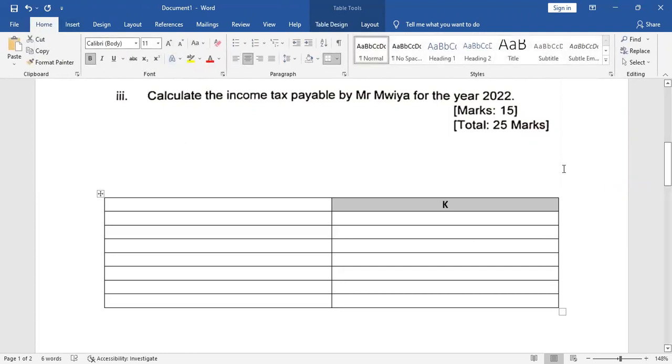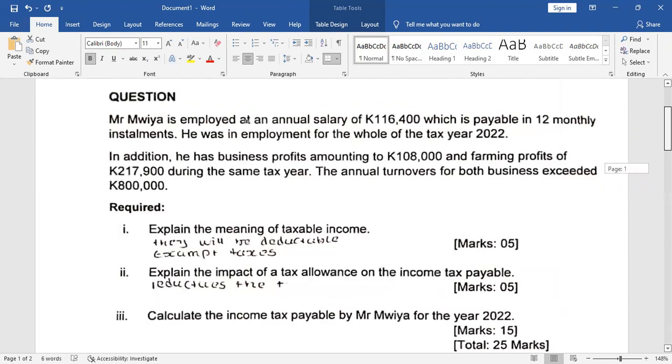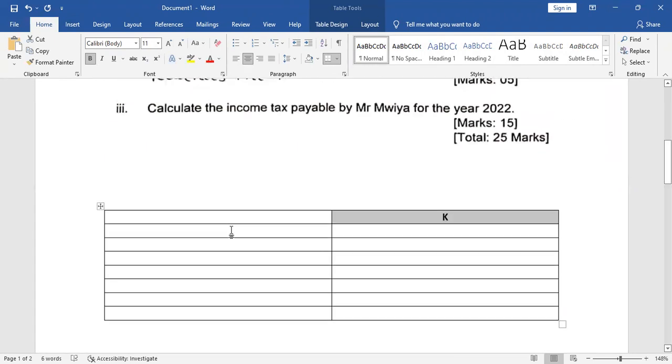The amount there is in kwacha. So we have the annual salary, which is 116,400 kwacha.